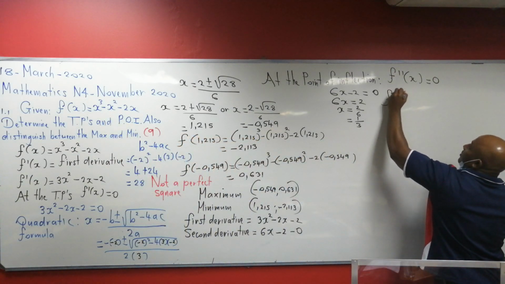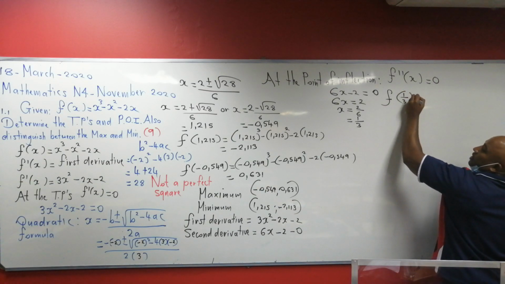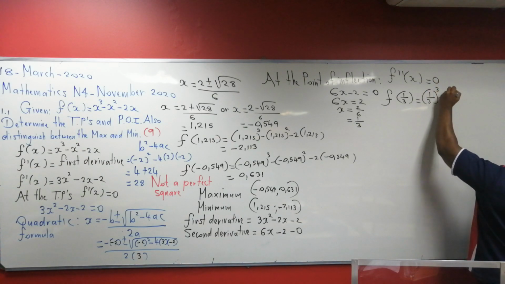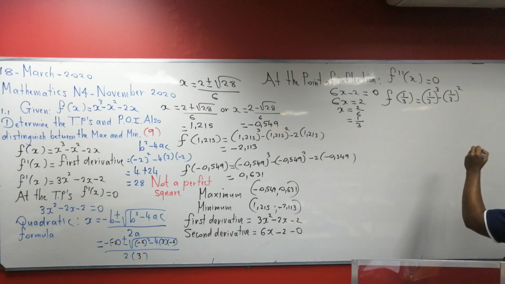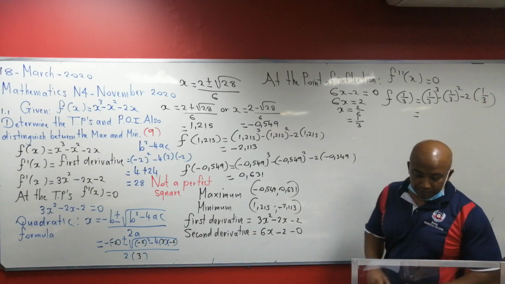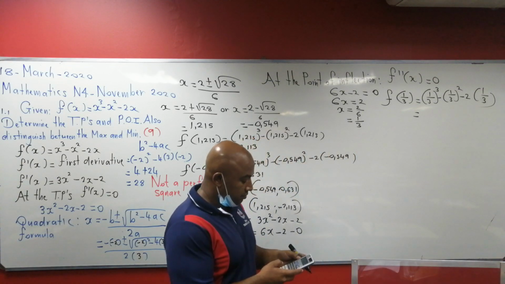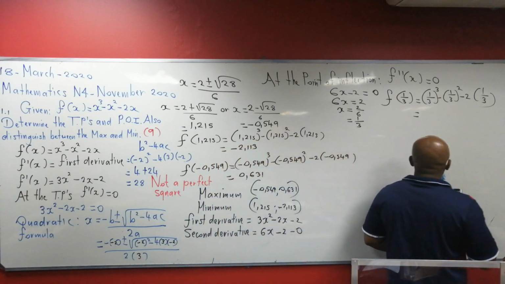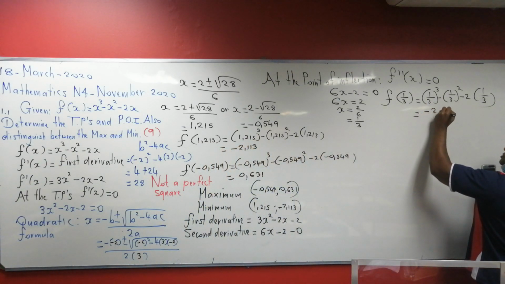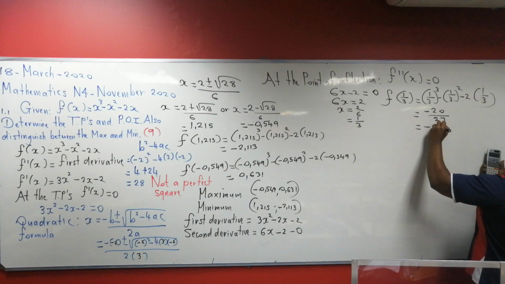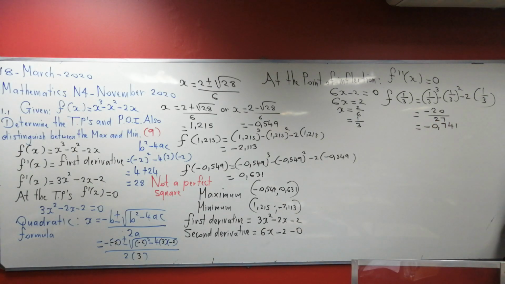Alright, so we're going to go f of 1 over 3 is equal to 1 over 3 to the power 3 minus 1 over 3 squared minus 2 times 1 over 3, and we get minus 20 over 27, which is minus 0,741.